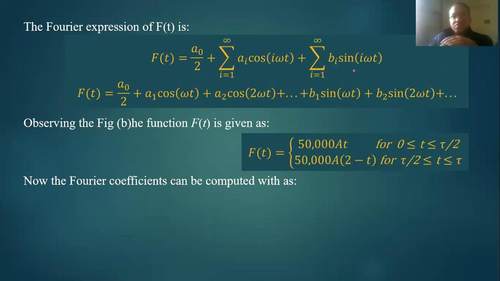And the b terms mean b1 sine omega t for i1, b2 sine 2 omega t for i2. It will continue like that.